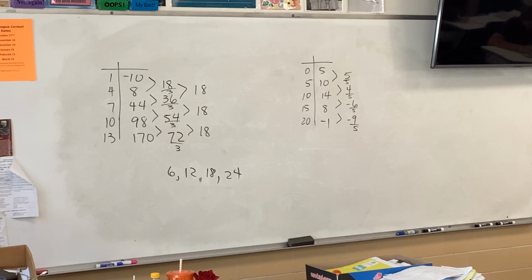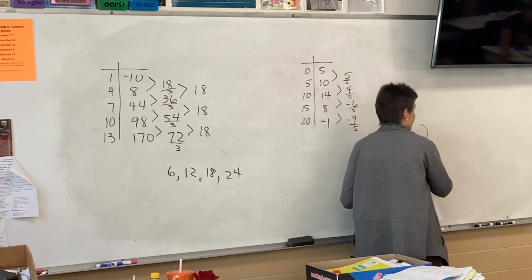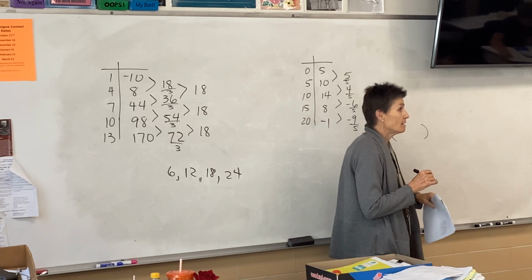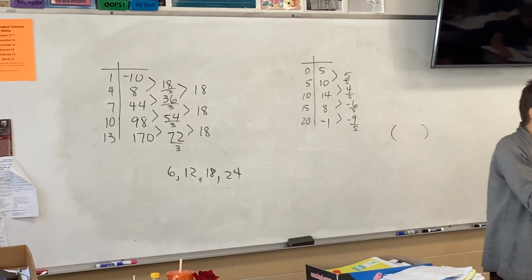Where is f of x greater than 0? Between A and G? And between F and E? Now, if we were using actual numbers, you would be using your open interval notation because it's just greater than 0, right?